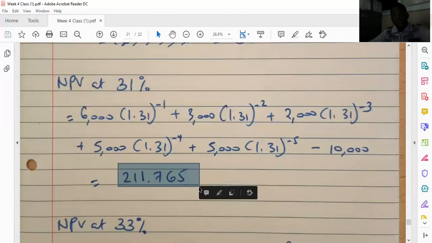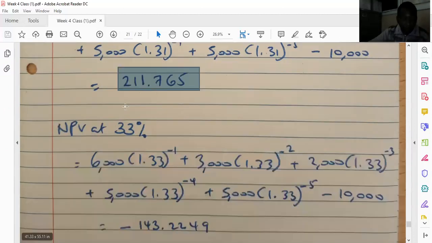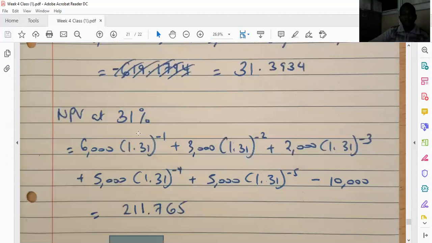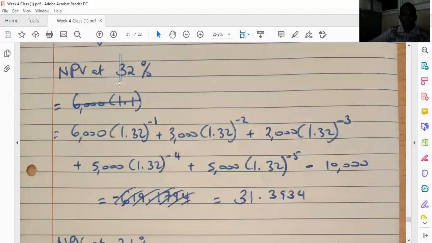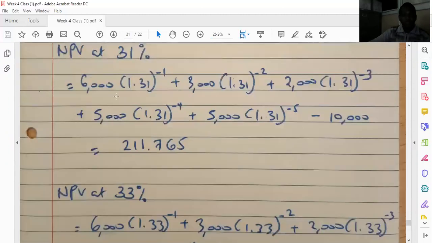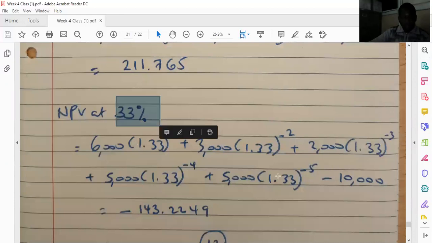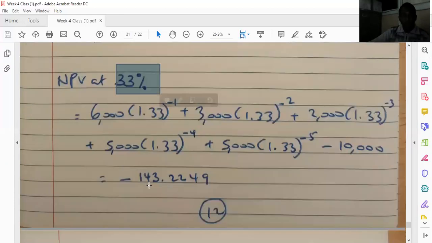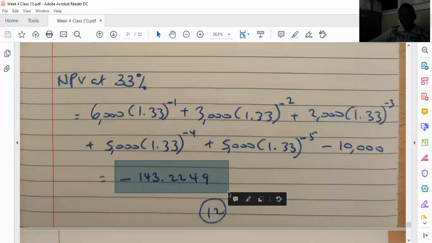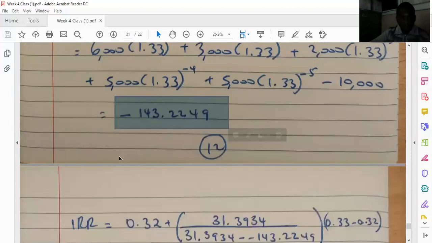So our intention is to get a negative NPV, so we try a higher discounting rate. In this case, we go up. We try 33% instead of 31 or 32. We get the NPV, which in this case is -143.2249.